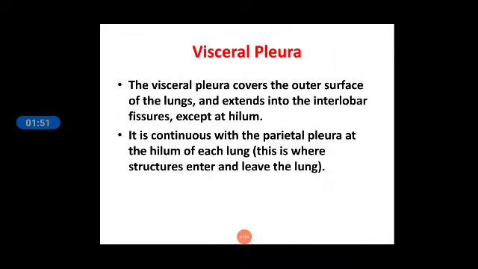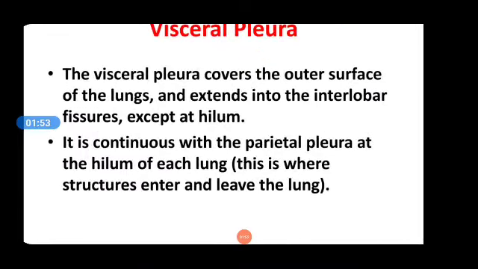Now we will see the visceral pleura. It covers the outer surface of the lungs, and it extends into the interlobar fissures except at the hilum. When you learn about the lungs, you have seen that the lung is divided into 3 lobes on the right side and 2 on the left side.